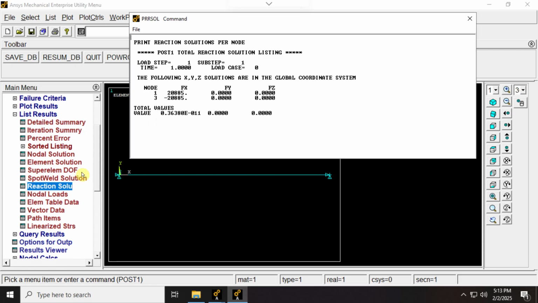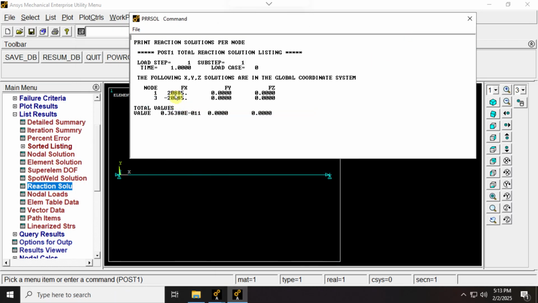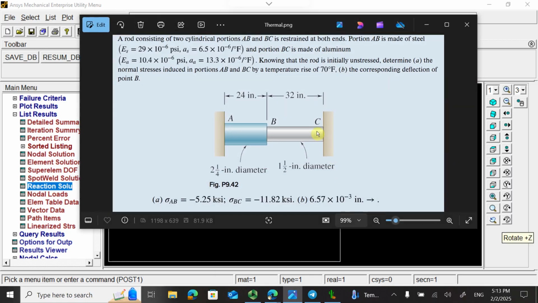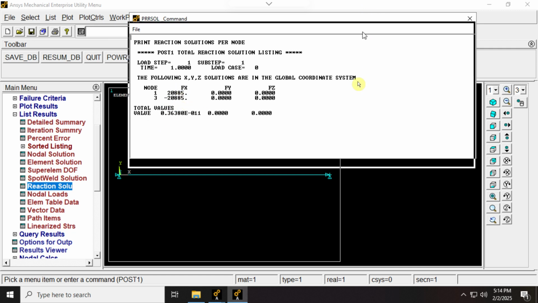It's the reaction coming from the wall, which makes sense because as the rod expands, wall A is going to get pressed to the left, and the wall is going to resist against that. So that's why that force is positive. On the other side, at point C, the cylinder is going to press the wall to the right, and the wall is going to react in the opposite direction. This time it's going to be negative. But they're going to be equal because equilibrium should be satisfied.